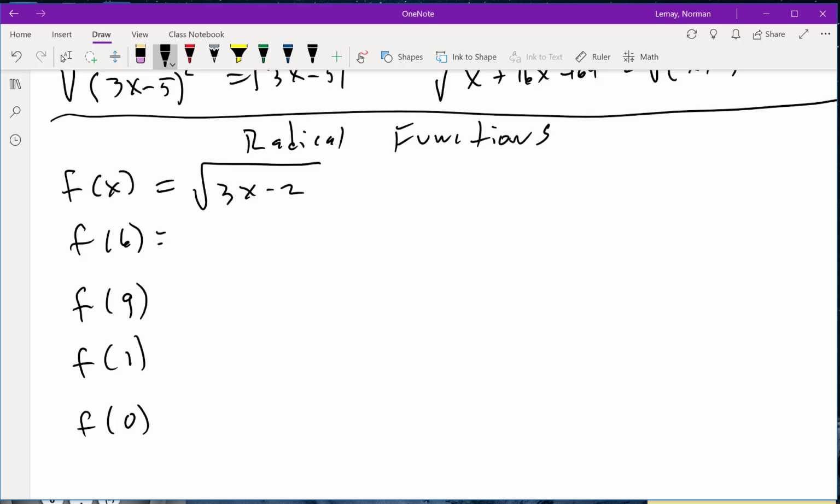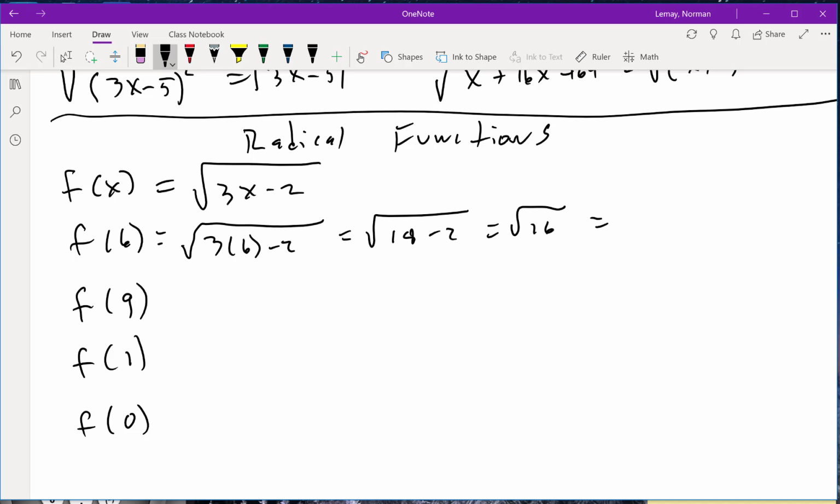Note that f of 6 is the square root of 3 times 6 minus 2, the square root of 18 minus 2, which is the square root of 16, which in this case is just 4. This is a special case: when we're working with functions, we just return the positive value.